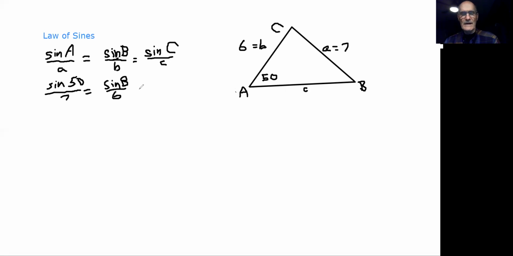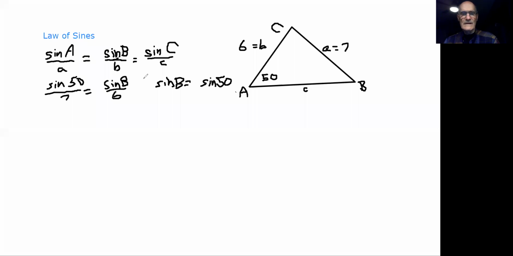So I can cross multiply here, and I get 7 times the sine of B equals 6 times the sine of 50. Okay, I'm going to change this because that looks a little bit like a B here, and this doesn't look like a 7.